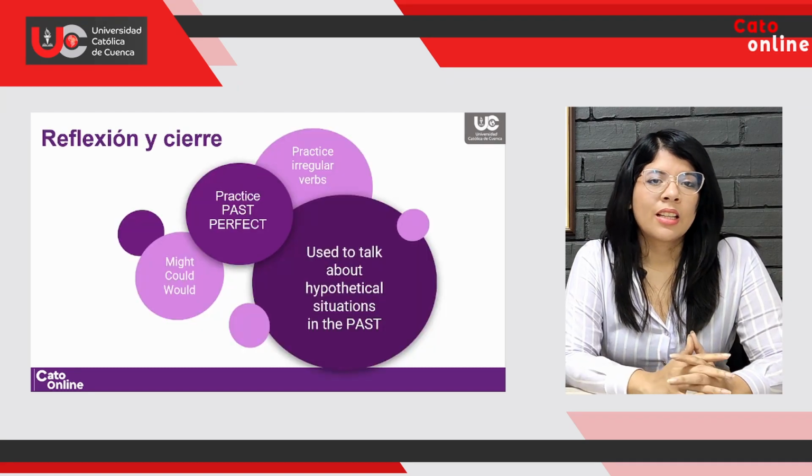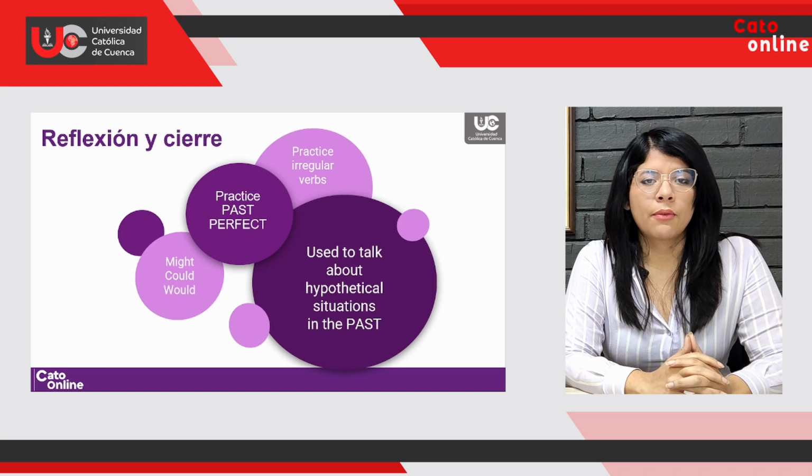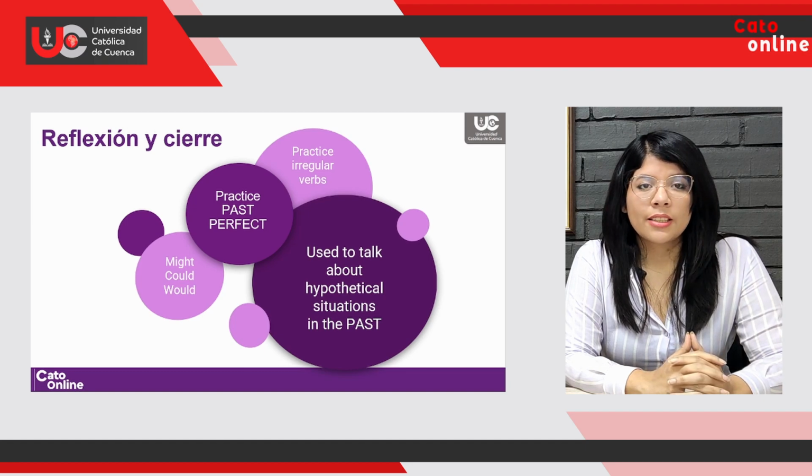So, finally, let's remember some of the things that we have learned today about the past unreal conditional. So first, this is a tense, a grammatical tense, that we're going to use to talk about hypothetical situations in the past.